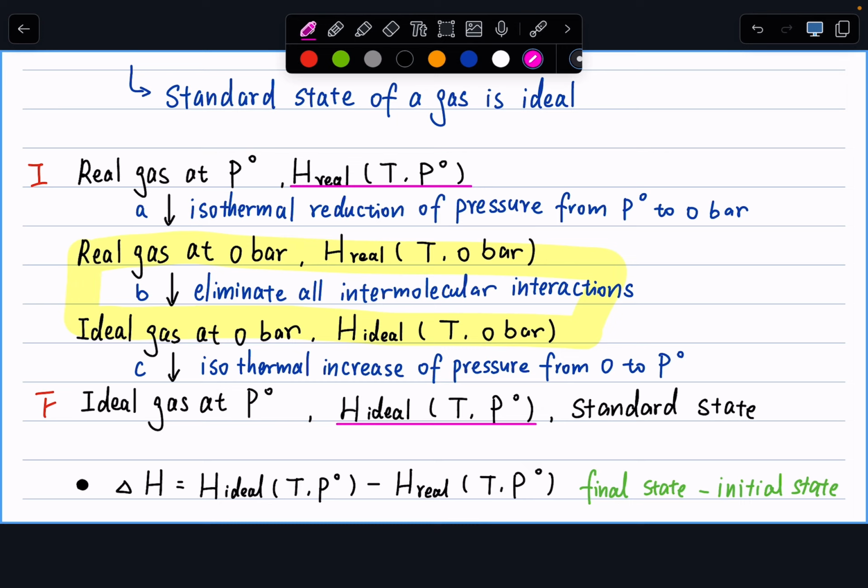Or we can take the shortcut for delta H. For ideal gases, we have Cp, which is only a function of T, equal to dH over dT.